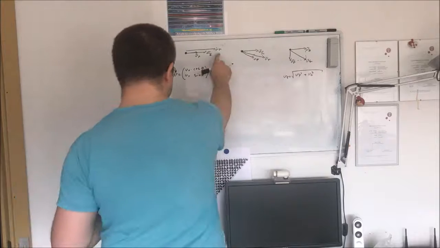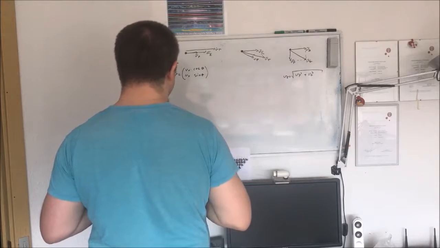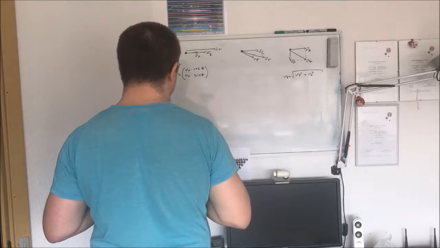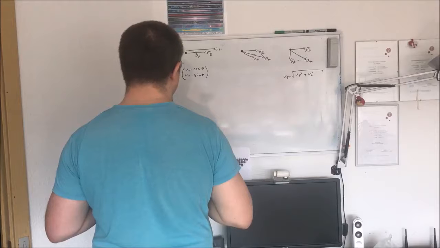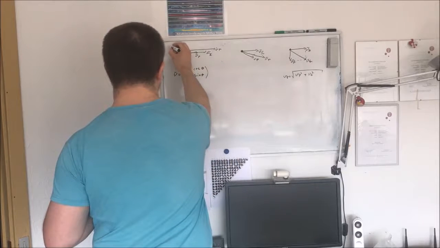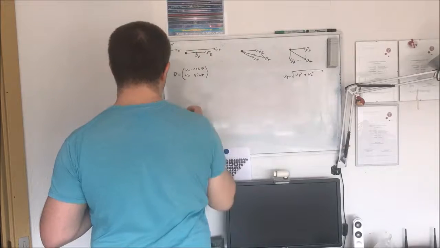So let's take it in this example here. As you can see, both the plane and the Earth have no y components. There are only x components. This is our coordinate system.